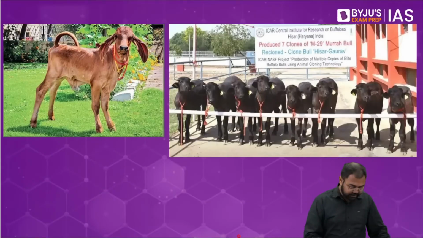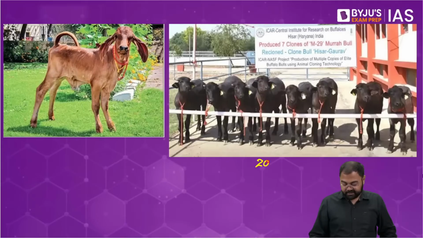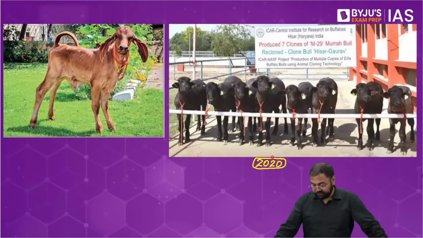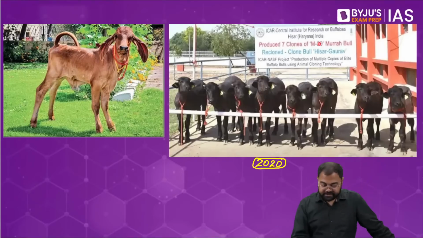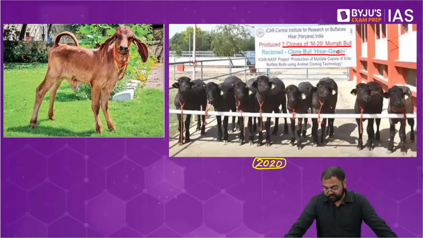So for example, the next was carried out in 2020. Here we see that there were two cloning cases. One, seven clones of the M29 Murrah bull, and then another one of the same CIRB Gaurav or Hisar Gaurav. A recloning was done.